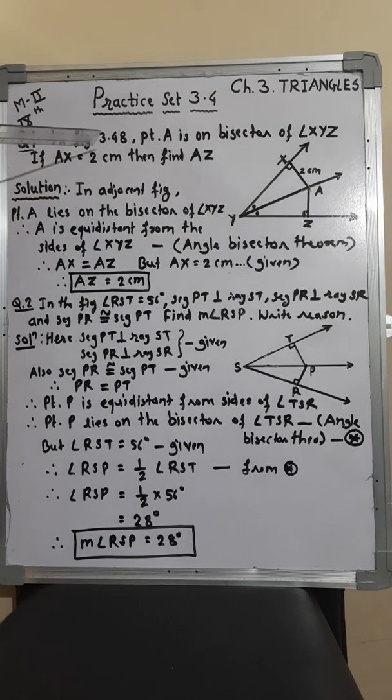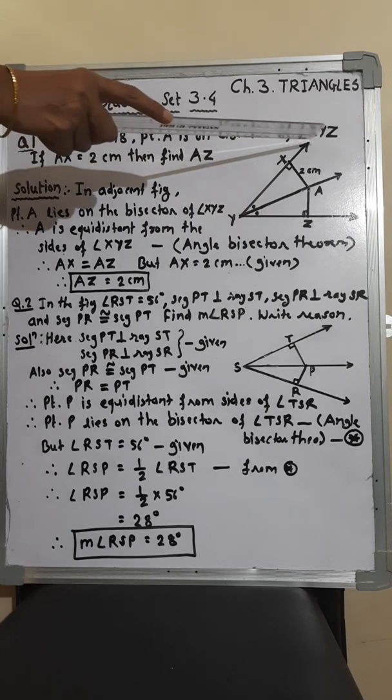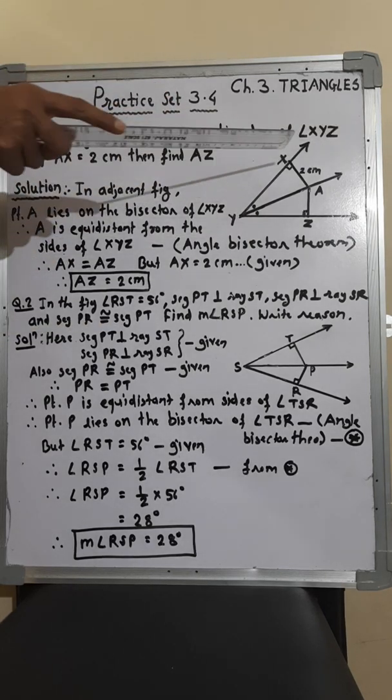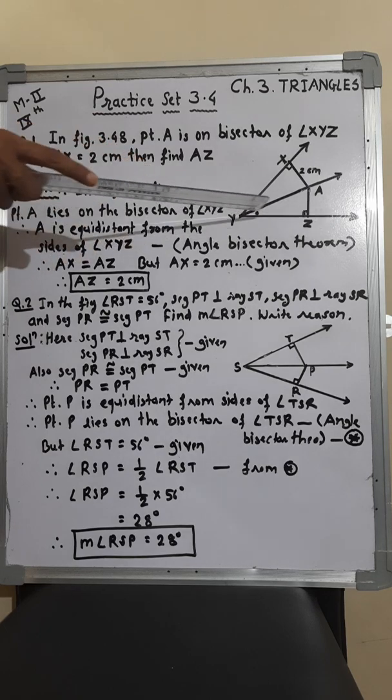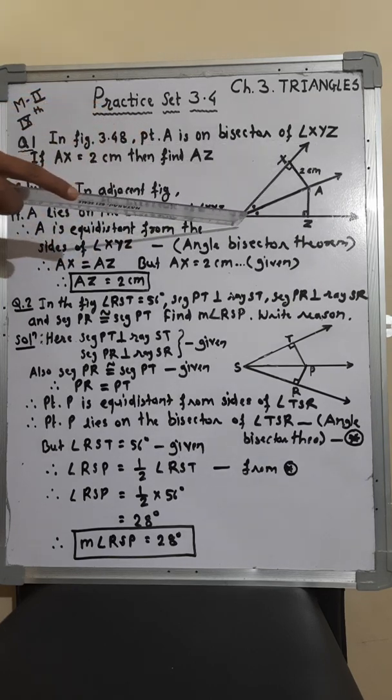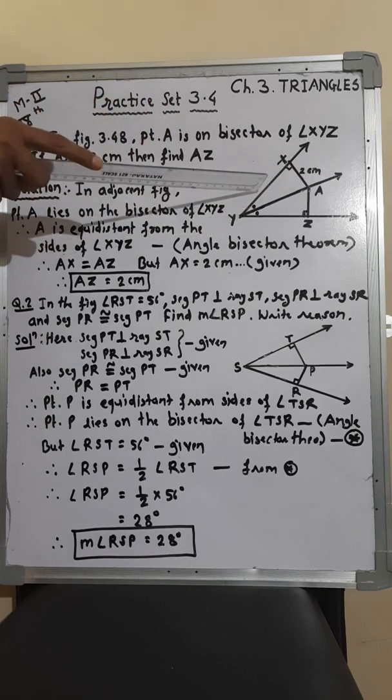The question is, in figure 3.48, point A is on the bisector of angle XYZ. This is angle XYZ and YA is the ray which bisects this angle.